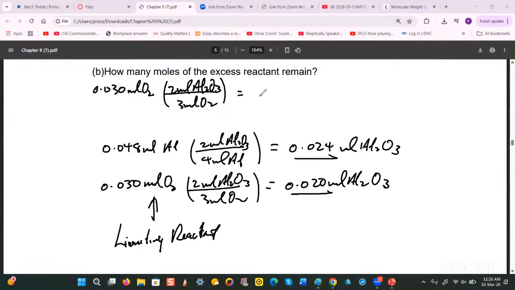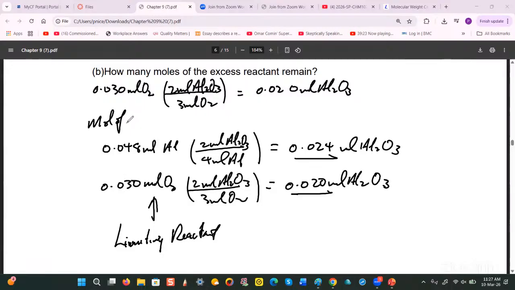So this gives you 0.020 moles of Al2O3. What next?